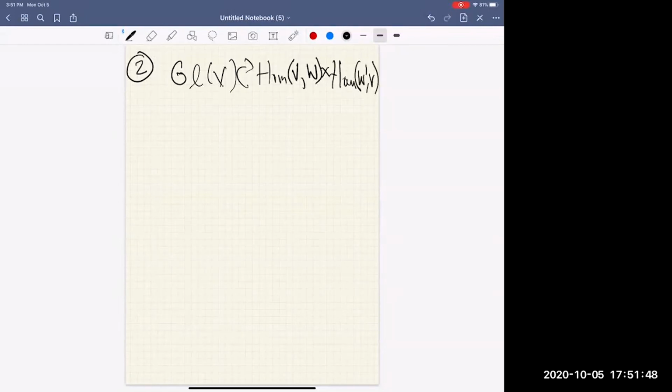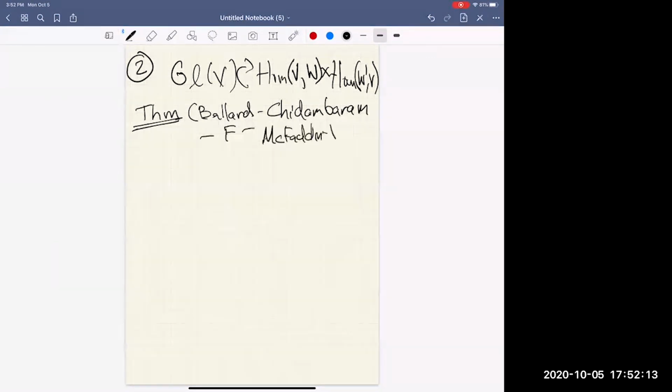So if I look at this GLV action on this space, then the theorem due to Ballard, Chidambaram, myself, McFadden, Vandermolen, was that A, phi Q naught is fully faithful.